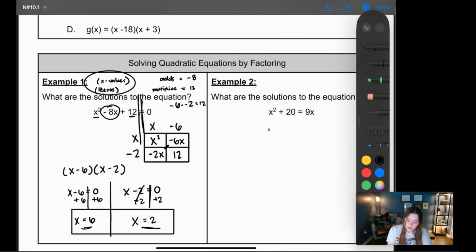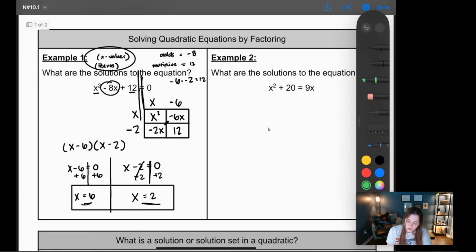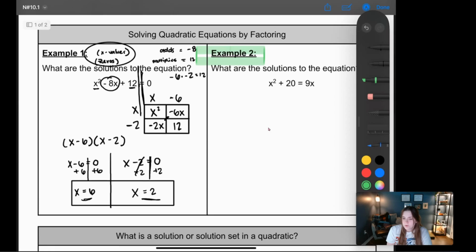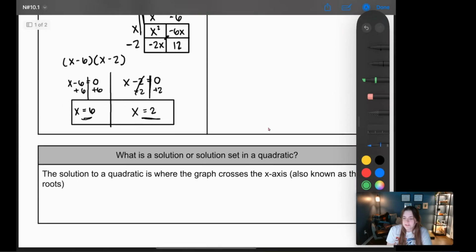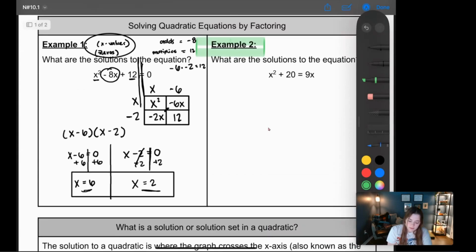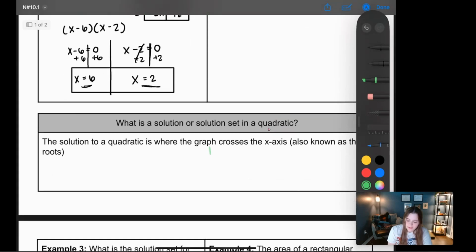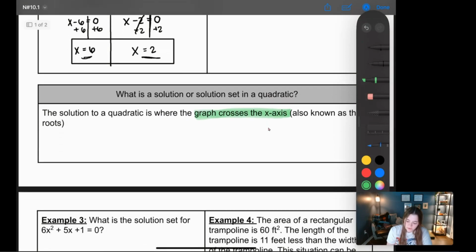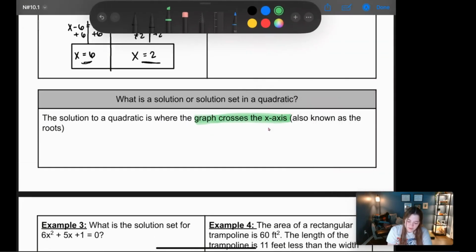You are going to try example 2 on your own. Remember, I should be seeing that box method. All right. What is a solution or solution set in a quadratic? Remember, we said it was our x value, zeros. The solution to a quadratic is where the graph crosses the x-axis, also known as the, here's another word, roots.